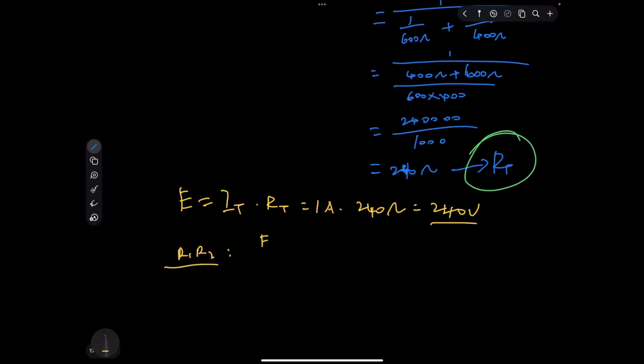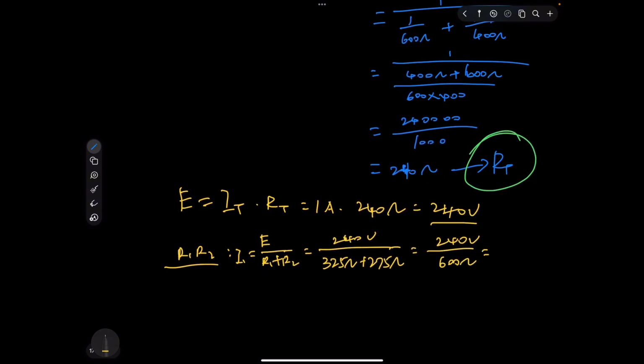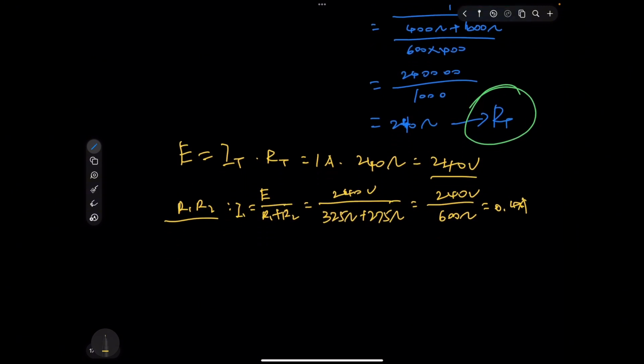I1 equals E divided by R1 plus R2, equals 240 volts divided by 325 ohms plus 275 ohms, 240 volts divided by 600 ohms equals 0.4 amps. That's the current for R1, R2.